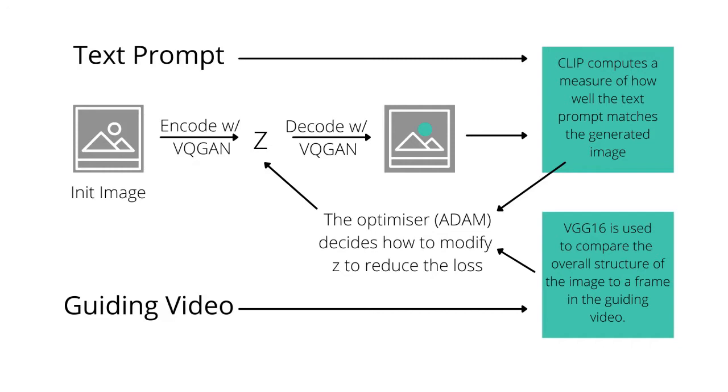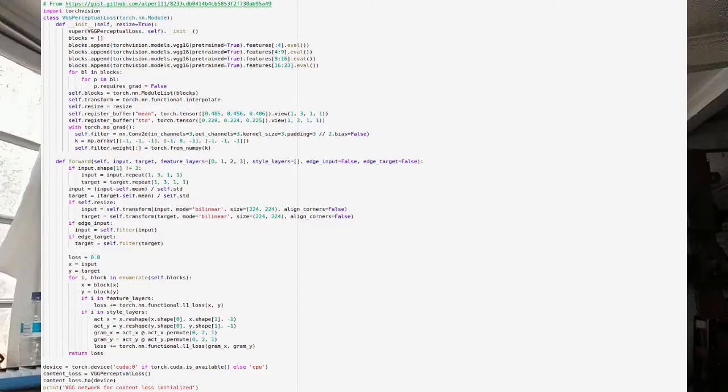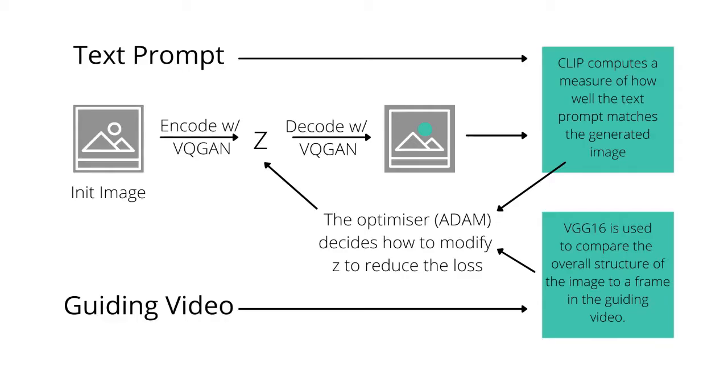And so to do this, I leaned on a fairly classic architecture, VGG16, and borrowed some code off GitHub to implement something called perceptual loss, and specifically a structural loss, which I'll call the content loss. So now when we generate an image from some starting Z, we calculate not only the loss with Clip, how well does it match the text, but the content loss, how well does it structurally resemble the video.